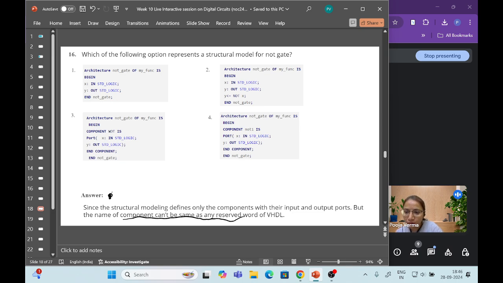Here not is a reserved word, so it cannot be used as the component name or in the input output port names. So the third option is not correct, because here not is a reserved word in VHDL.